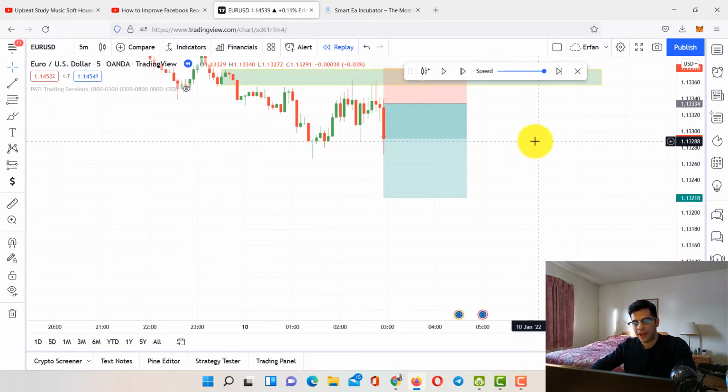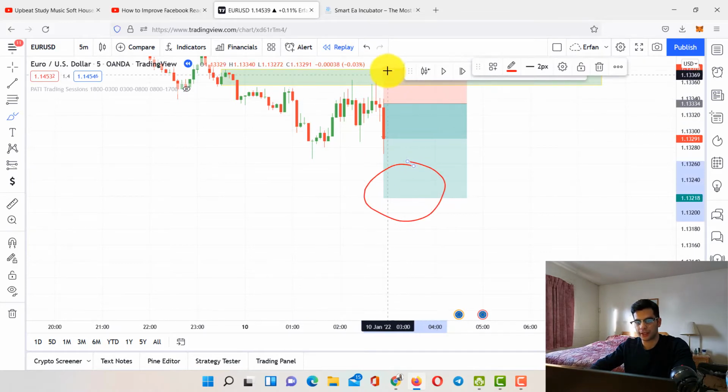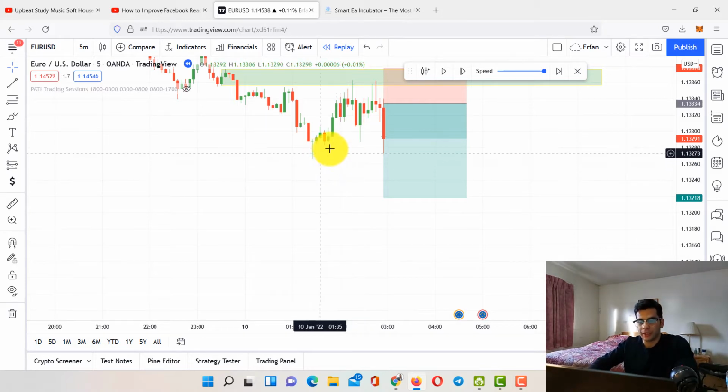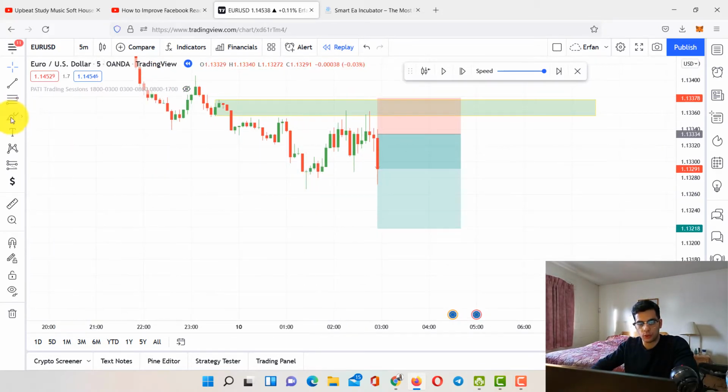So when and where do you need to move your stop loss to break even to make it a risk-free trade? Very simple. After breaking the first swing low, if you're selling, or after breaking the first swing high, if you're buying. In this case, we have this swing low exactly right here.